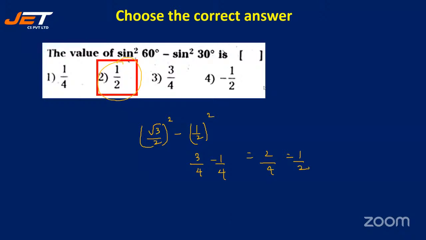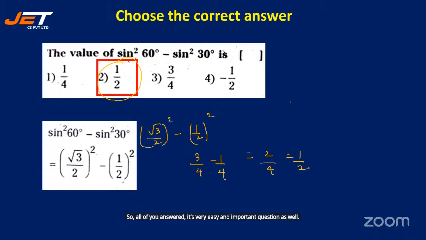Many of you have not given me the answer. Ashwita, Diksha, Divyanshi, Harshita, Navatesh, Pranavi, Pranita, Sahasra, Seema. So all of you answer. It's a very easy and important question as well. Let us move on to the next question.